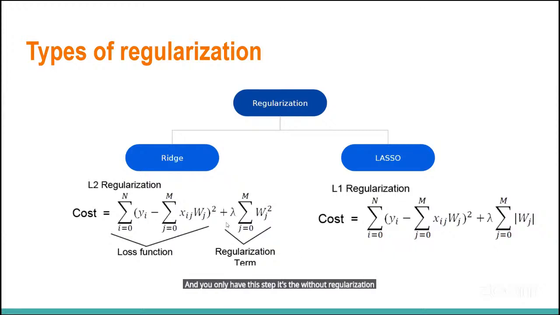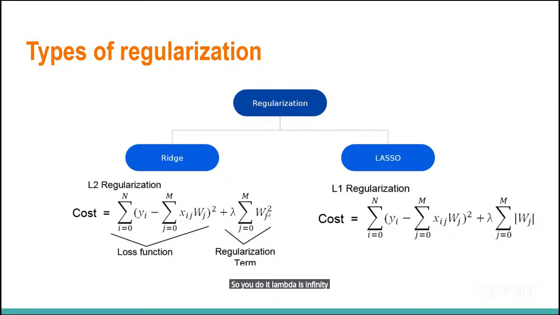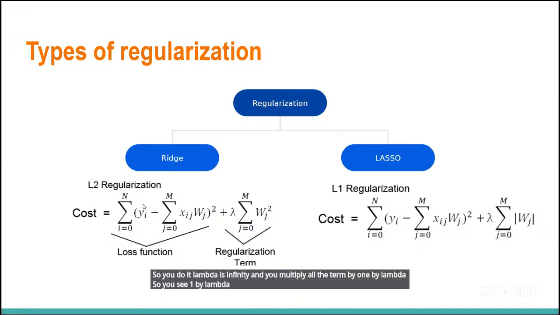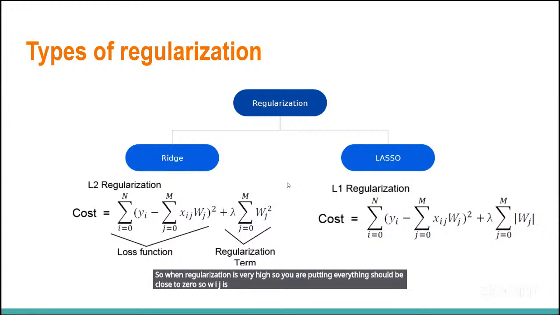Now, if lambda is very high, maybe close to infinity, so you multiply all the terms by 1 by lambda. 1 by infinity is equal to 0. So this term will become 0 and this term is 1. So you are only doing regularization. You are not even doing model fitting. So when regularization is very high, everything should be close to 0, so all the Wj's will become 0.